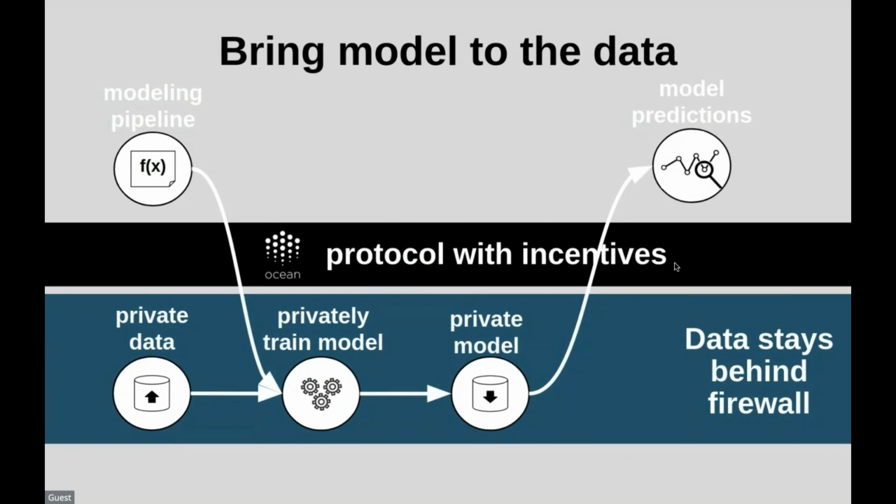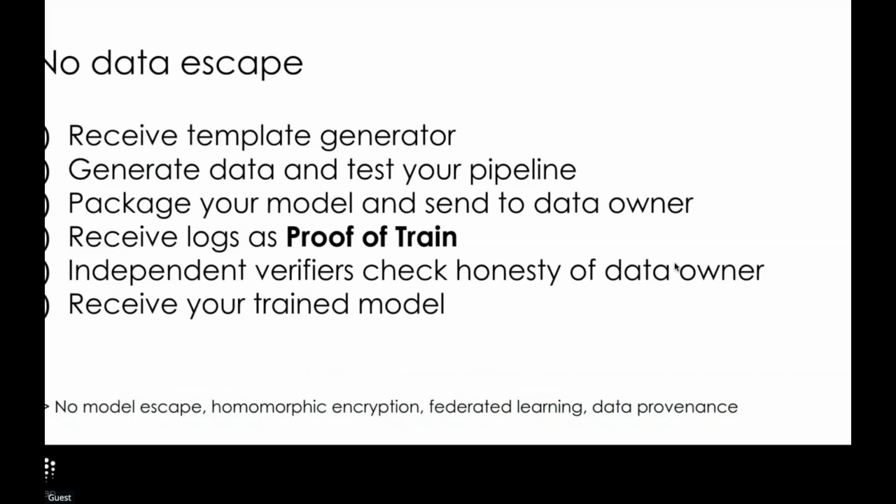So again, just as a summary, you would receive some type of generator for your data. So it could be even some sample data. You would build your pipeline, package it, send it to the data owner. You would then, of course, receive some type of information whether or not your model has succeeded or not. So maybe there's just a straight up error in the script, and then you would get that back as a log file. Or you would actually get the logs over time as the model is training. And this could also be seen as some type of proving that this model is successfully trained.